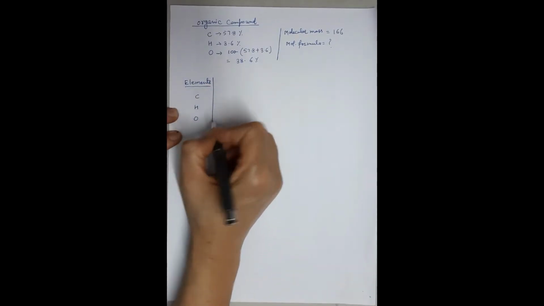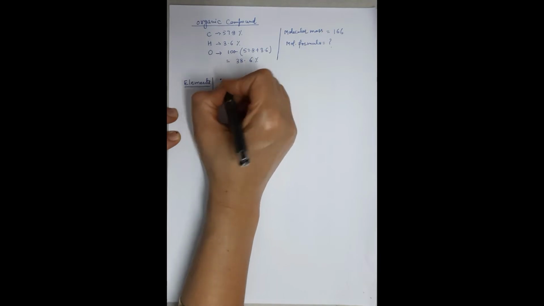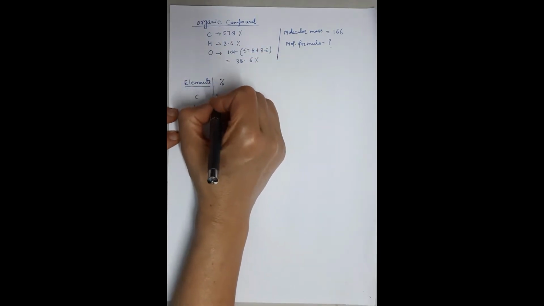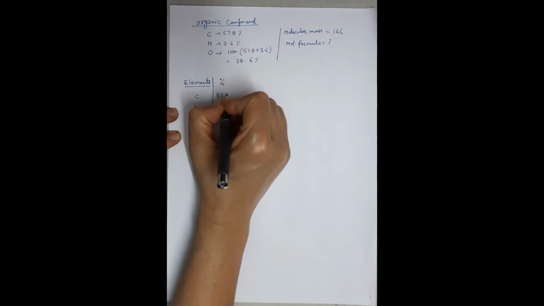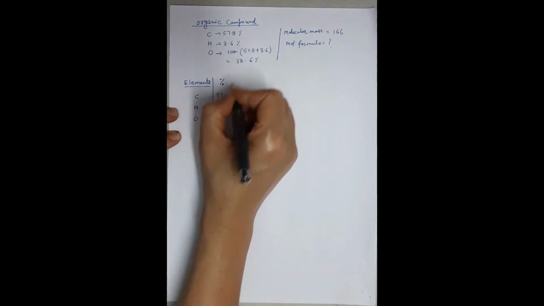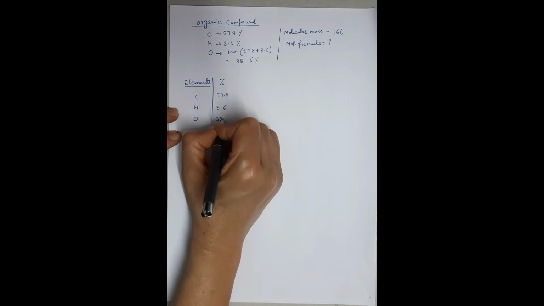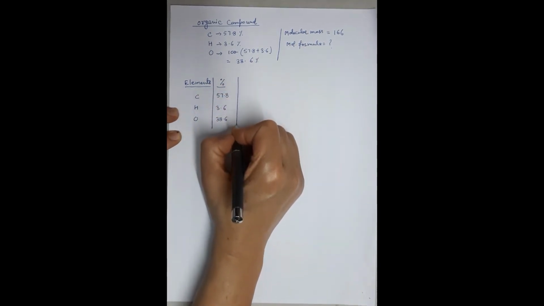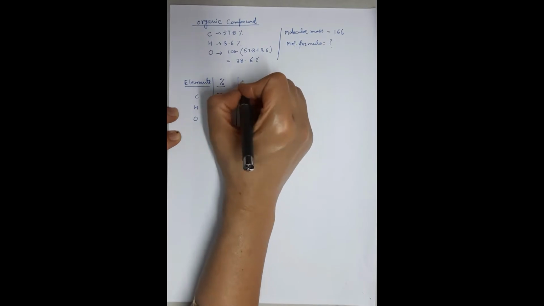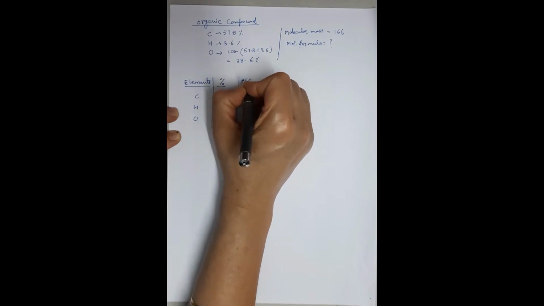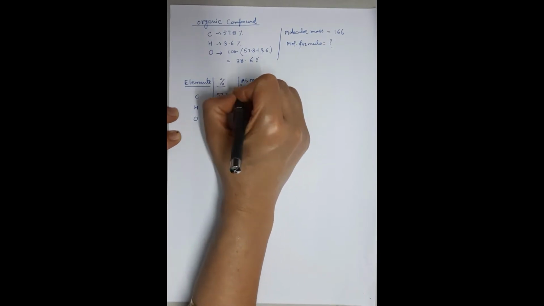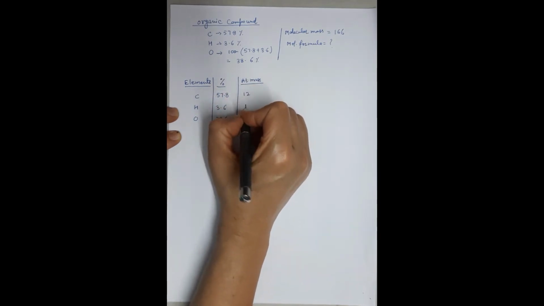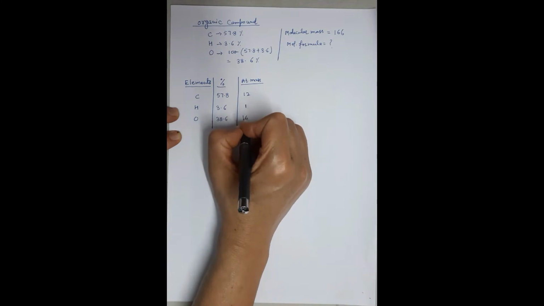In the second column, you write down their percentages: 57.8, 3.6 and 38.6. Then write down the atomic masses of each element. For carbon it is 12, for hydrogen it is 1, and for oxygen it is 16.